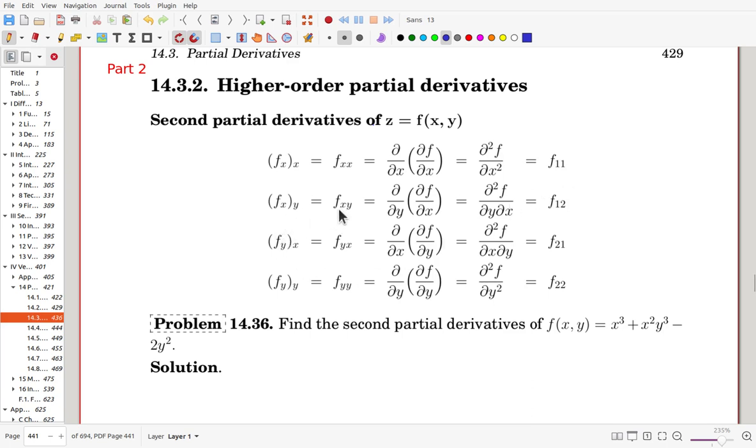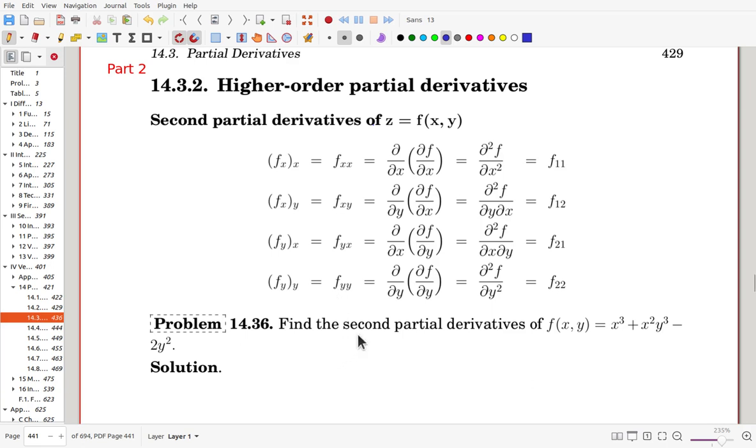Now, f sub xy means x first and y directional next. And also we can use this notation. Similarly, we can get f sub yx and f sub yy.